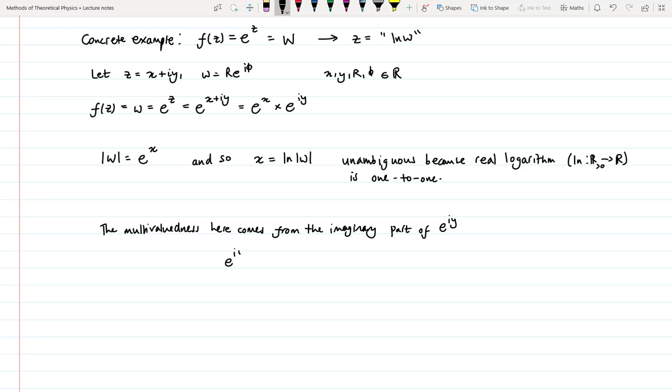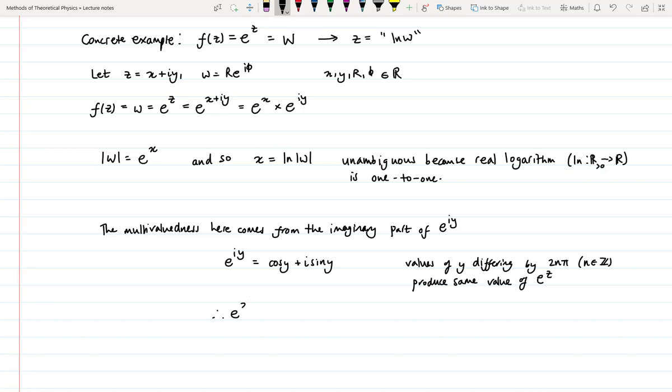We know that from Euler's formula, e to the iy gives us cos y plus i sine y. And of course, cos and sine are periodic. This means that values of y differing by 2n pi, where n is an integer, produce the same value of e to the z.